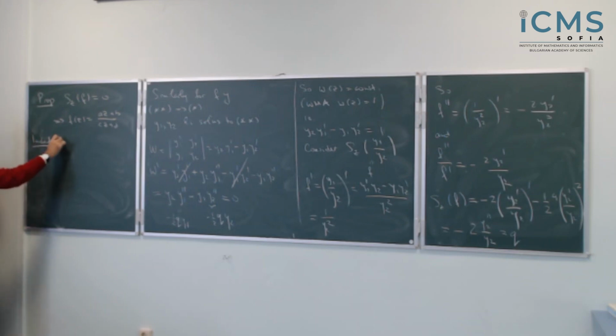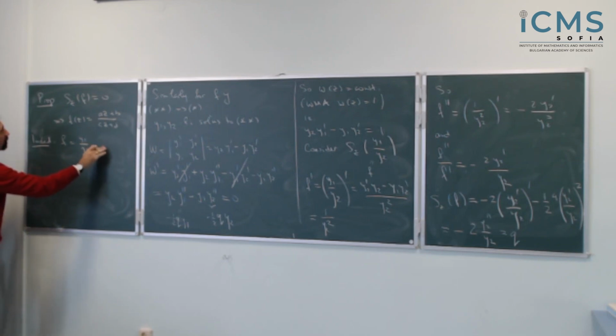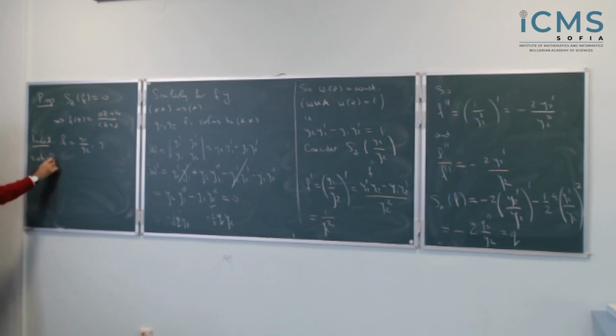Because our f is a ratio of two solutions, and the equation is just that the second derivatives are 0, q is 0 in this case.